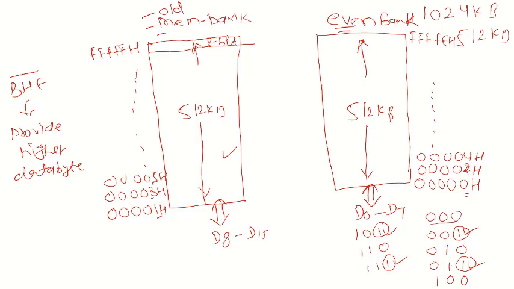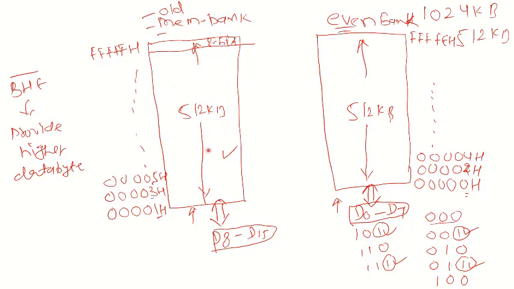Okay, so we are getting D8 to D15 from this, and we are getting D0 to D7 from this bank. One more thing, this is like a memory chip. Each memory bank has a chip select signal to select the memory bank.